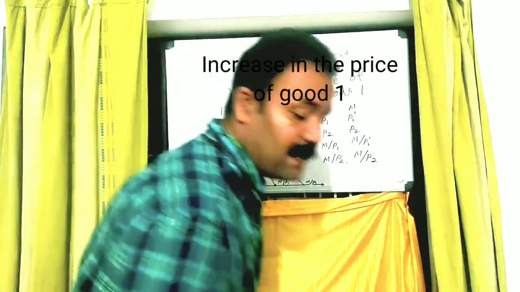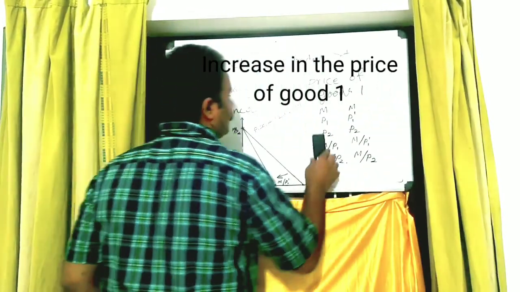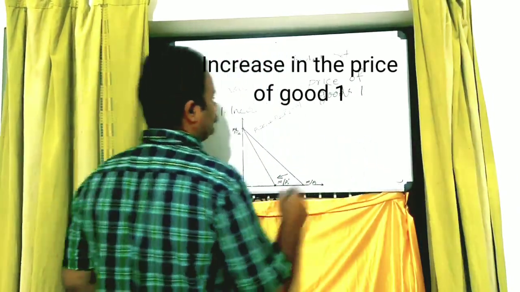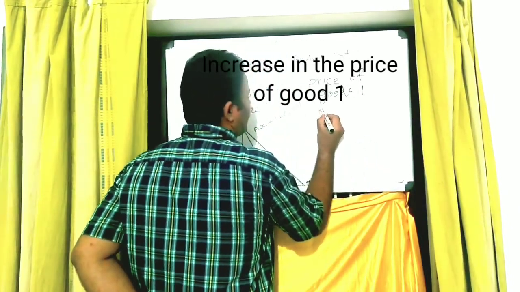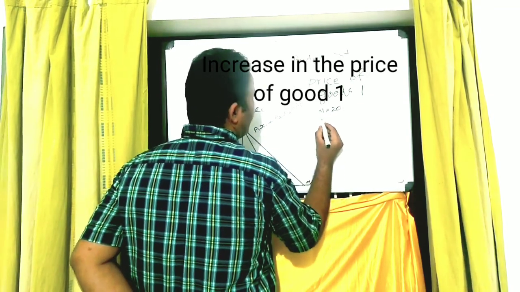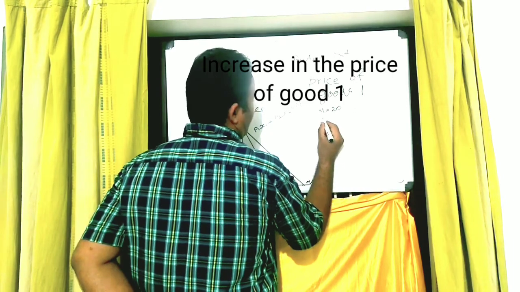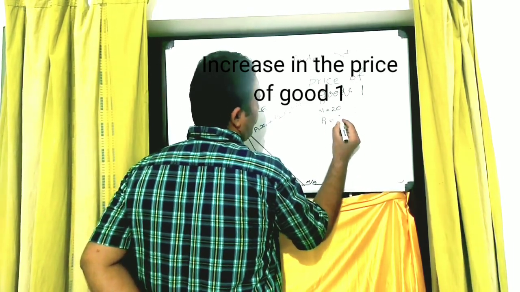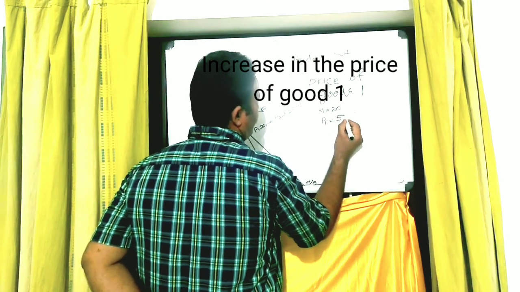Then we can take one example. Suppose here income of the consumer is 20. Price of the good 1, suppose 5.